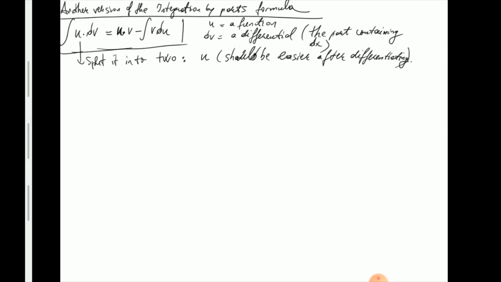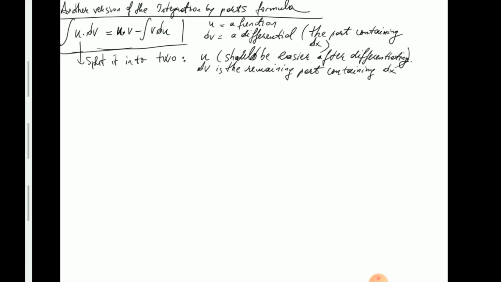And dv is the remaining part containing dx as well. So it's not really a big deal, except that you take these functions separately, and one is differentiated, one is integrated.